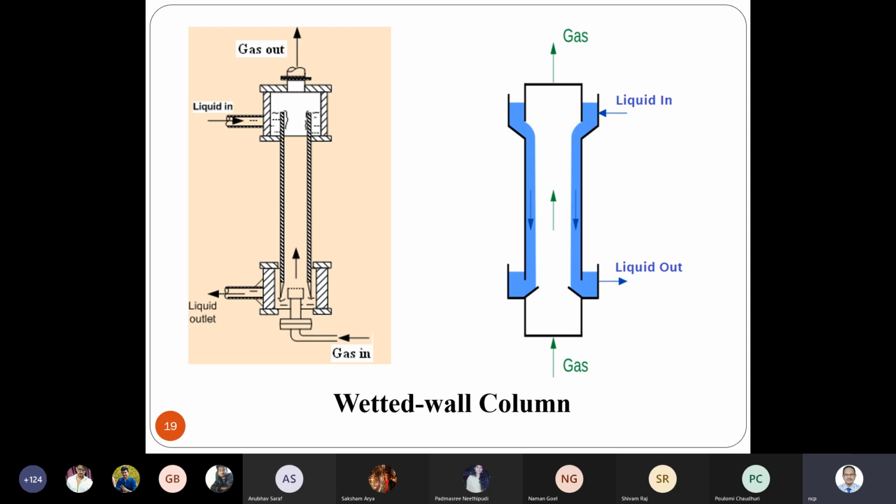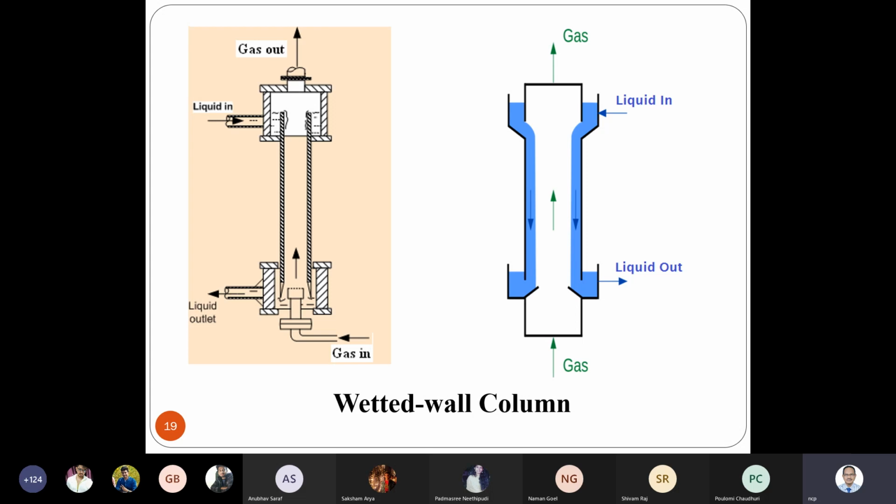It comes down the inner wall of the contactor as a thin liquid film, and then it is collected below and taken out. Gas is contacted counter-currently. It is introduced from the bottom and goes up, contacts here, and then we take it out, right?